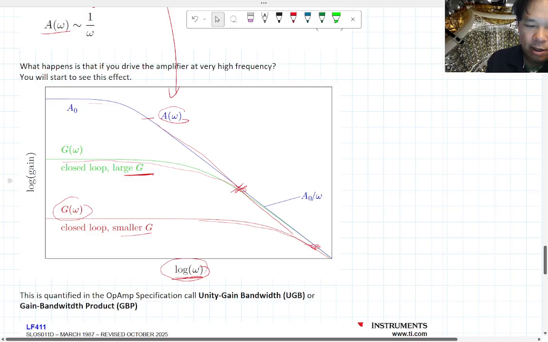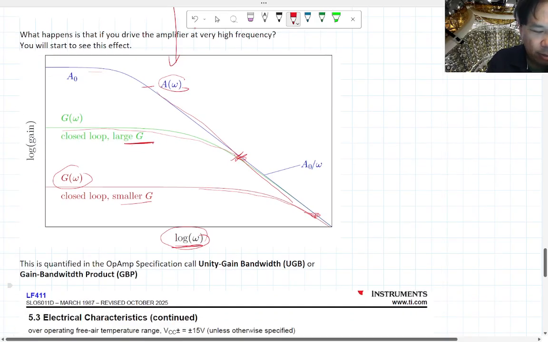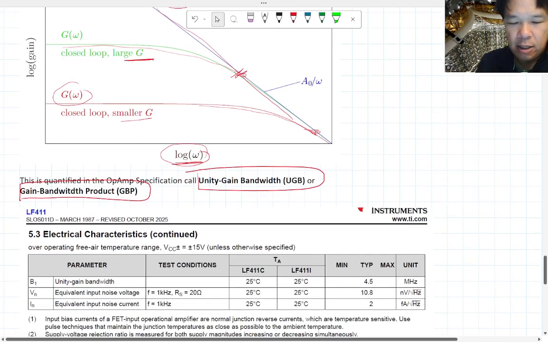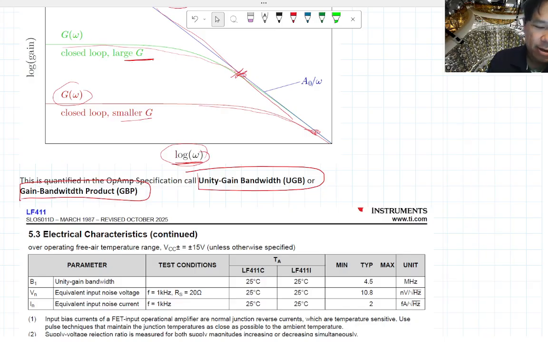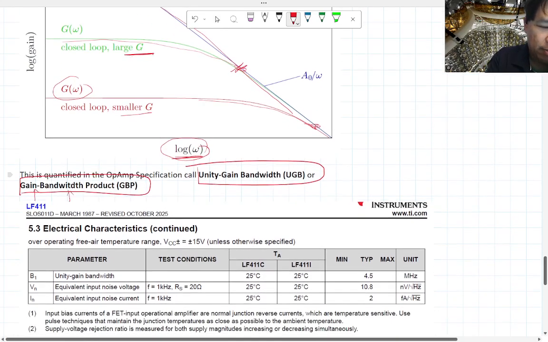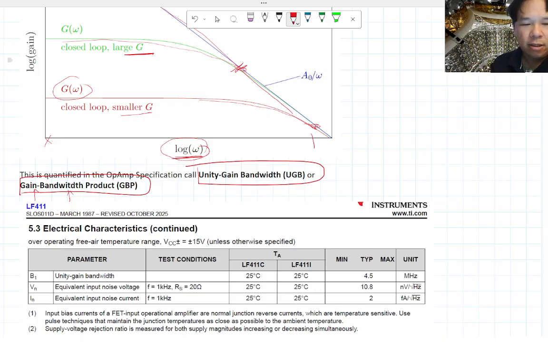The way the manufacturer quantified this is called, the book calls it gain bandwidth product, but in the literature you're going to see unity gain bandwidth. It's exactly the same number. You're taking the gain and multiplying by how much frequency you get, from 0 up to the F3 dB point.